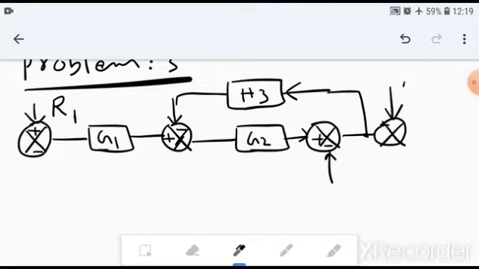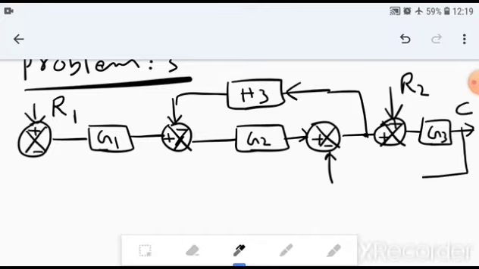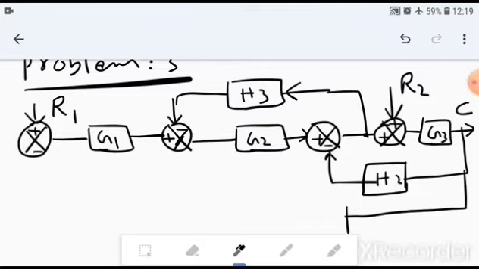One of the inputs is the R2 input, plus and plus, and here we have G3, then the output C. From the output we have feedbacks with H2, which is connected to summing point 3, and another feedback with H1, which is connected to summing point 1.